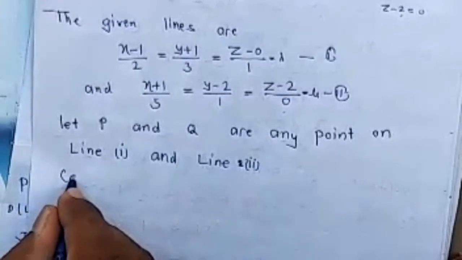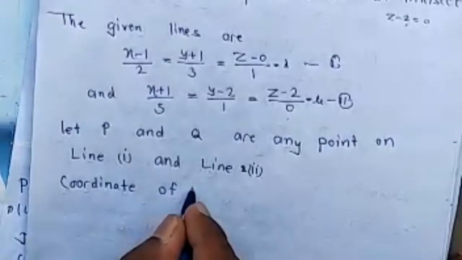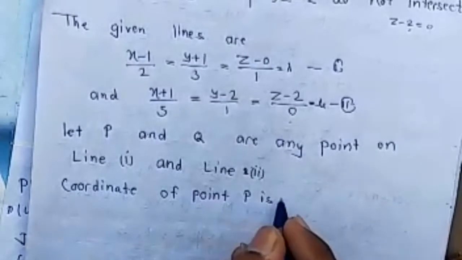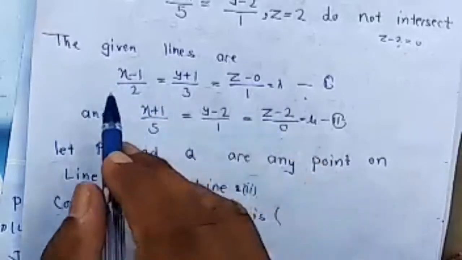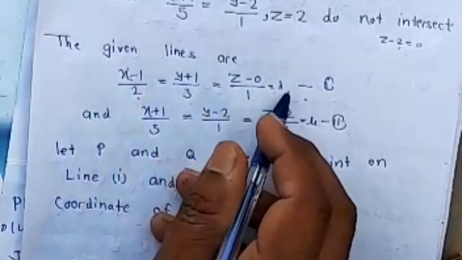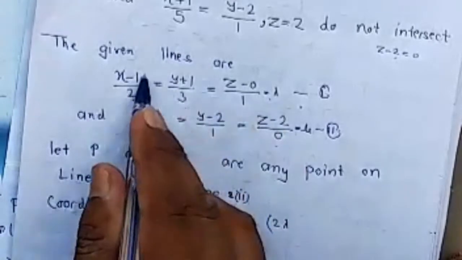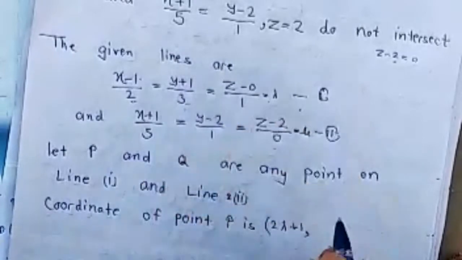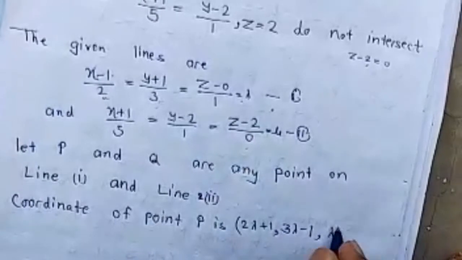Then the coordinates of point P: any point on line 1 is (2 lambda plus 1, 3 lambda minus 1, lambda). That means 2 into lambda plus 1 gives the value of x, the value of y is 3 lambda minus 1, and the value of z is lambda.